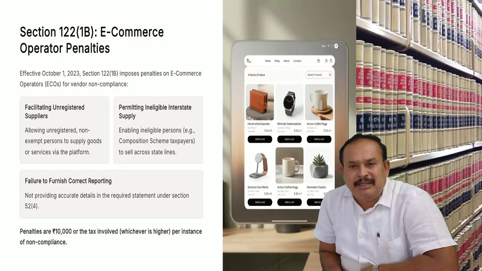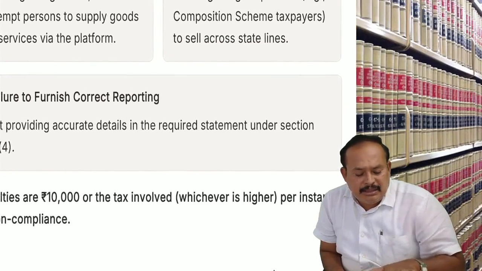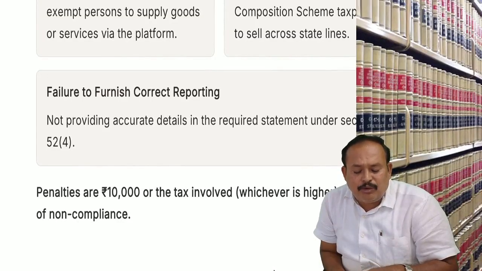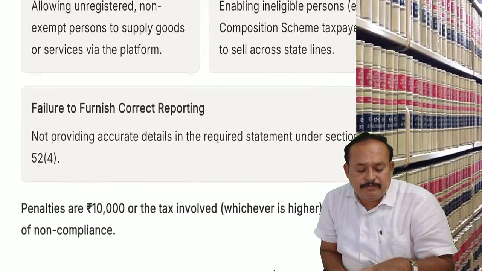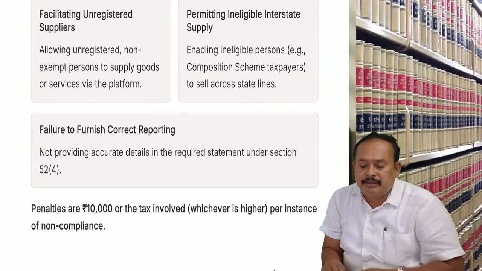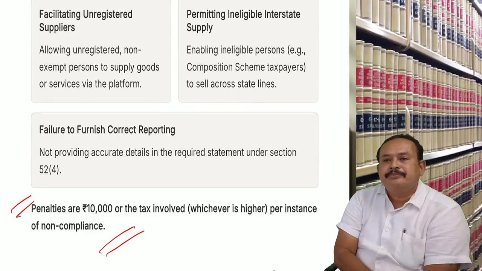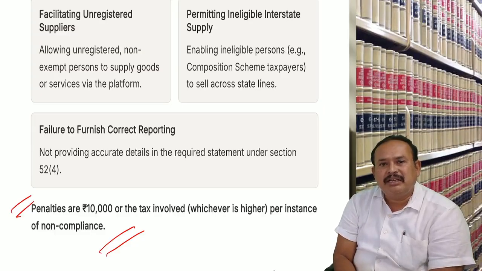How much penalty? 100% of the tax. Here the penalty is 10,000 rupees or the tax involved, 100% of the tax involved, whichever is higher. Whichever is higher, you see here, the tax amount or 10,000, whichever is higher, and an equal amount of SGST.